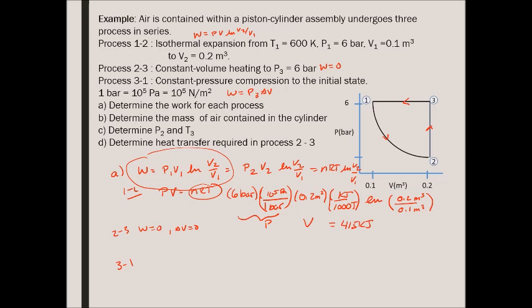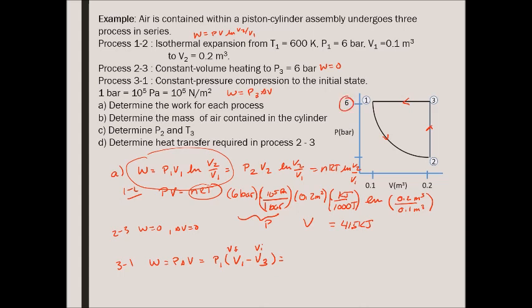Then work, we said, is constant pressure process, so delta V. So this is going to be pressure 1 times the volume at 1 minus the volume at 3, because this is volume final, volume initial. Or we could use pressure at 3, but we don't know what the pressure is at 3 unless we use the logic that pressure at 3 is equal to pressure at 1 because it's a constant pressure process. So that's at 6 bar.